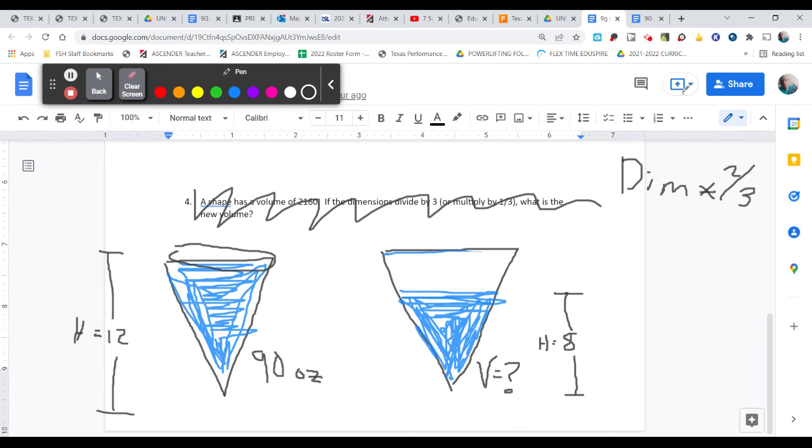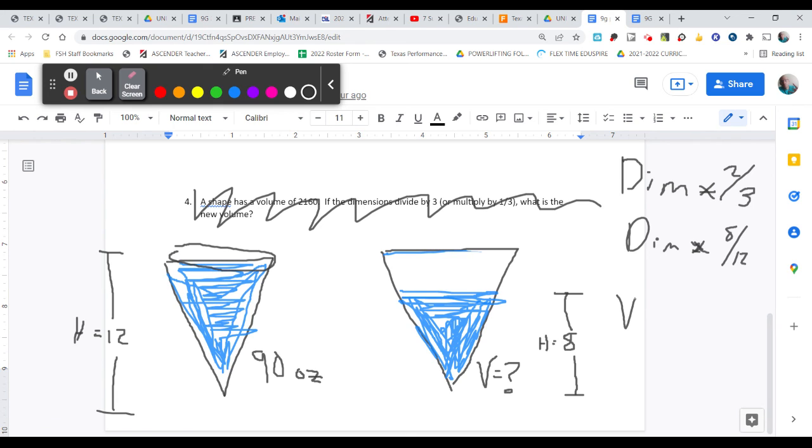I'm not a big fan of reducing fractions right here, so we could say the dimensions multiply by 8/12, because the new height is 8 and the old height was 12. Or 4/6, or 2/3.